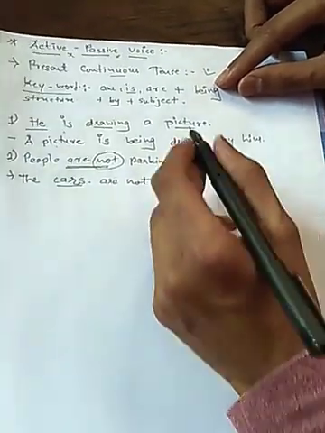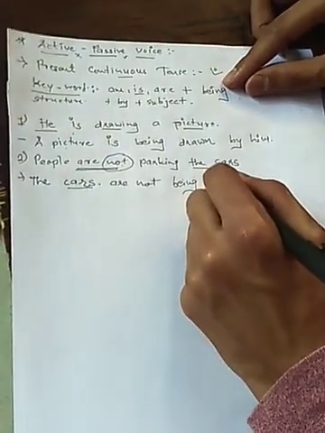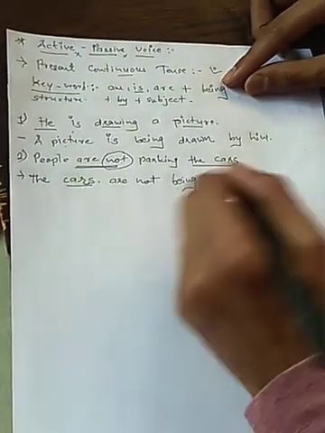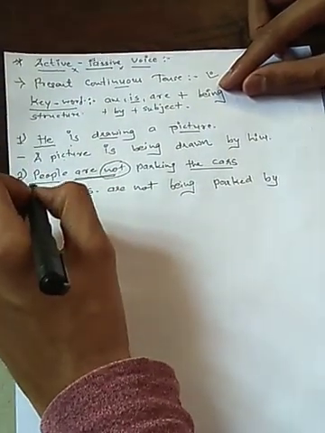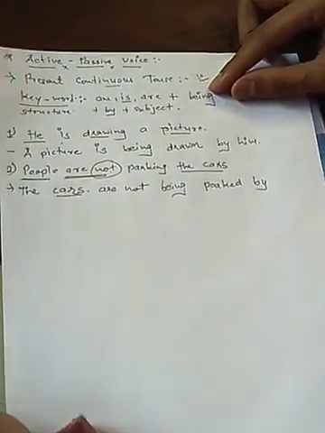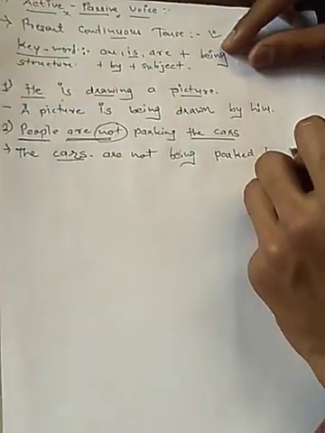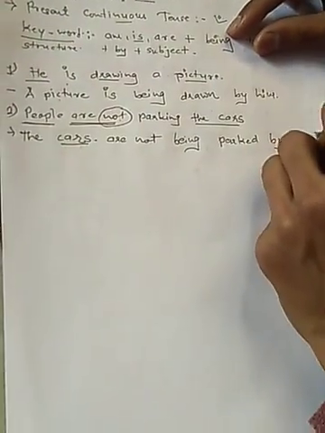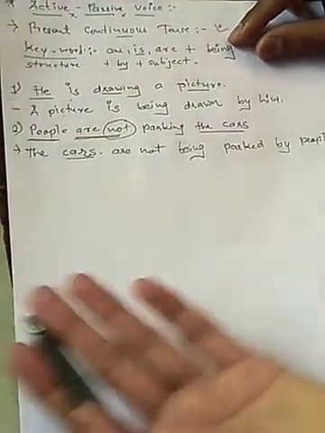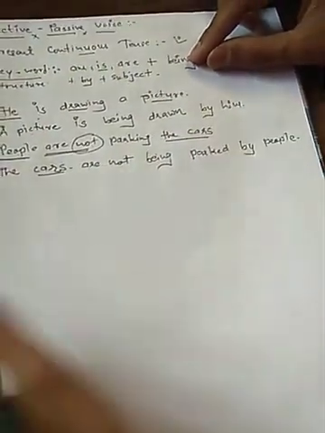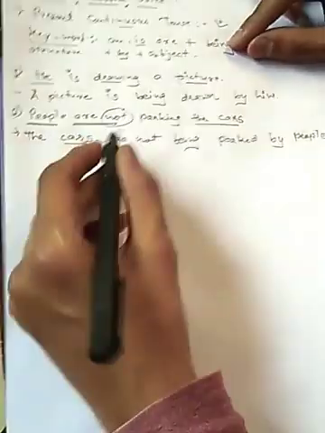What is the past participle of park? That is parked, by. Subject is people, it suggests a group. Here you can write by people itself. Instead you can also use by them, both are correct. So this is your answer: the cars are not being parked by people.